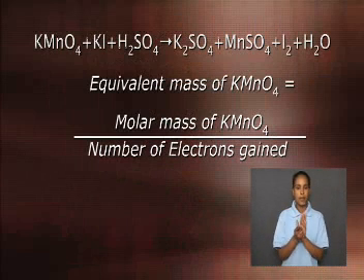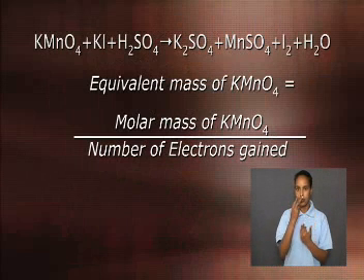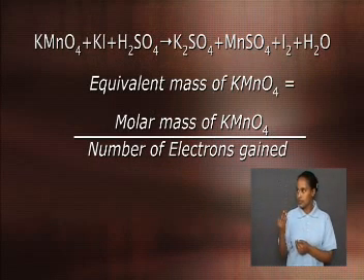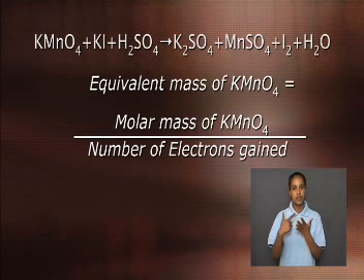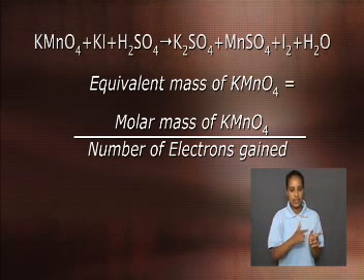For example, let us look at potassium permanganate in this reaction. Manganese ion has an oxidation number of 7 in potassium permanganate, which changes to 2 in manganese sulfate. By this, we can see that it is a 5-electron transfer system.